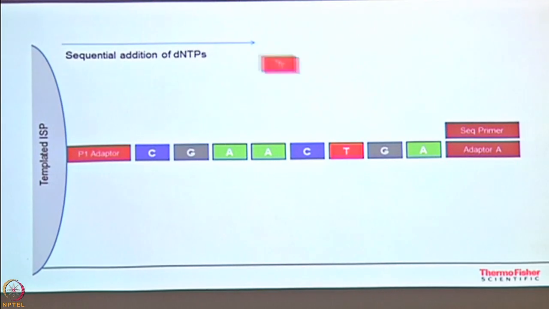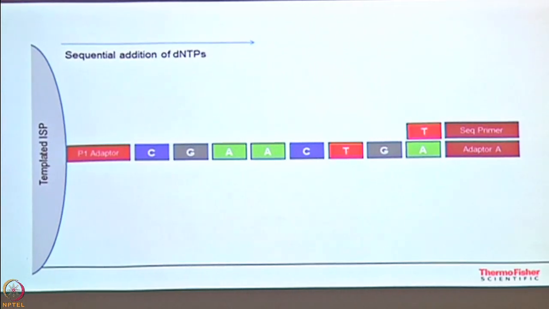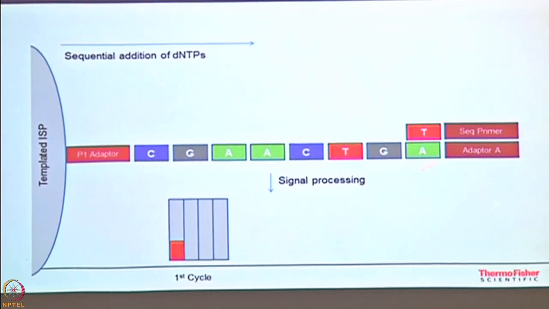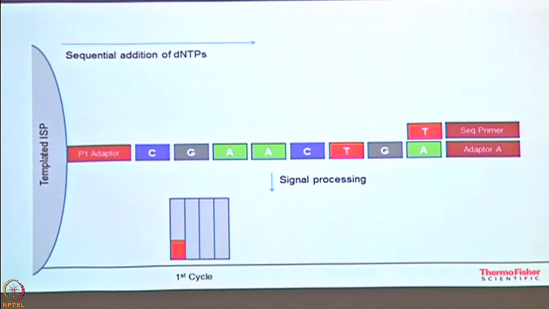Now this will bind, you will have a change in pH which will be recorded by the system, and the system knows that it is flowing a DTTP at this particular time, and that is why it can associate this signal with an A, yeah. So we are not using any fluorescently labeled DNTPs, so this is a simple chemistry.